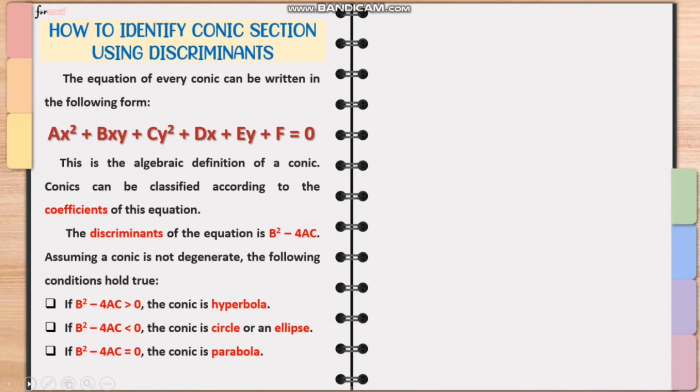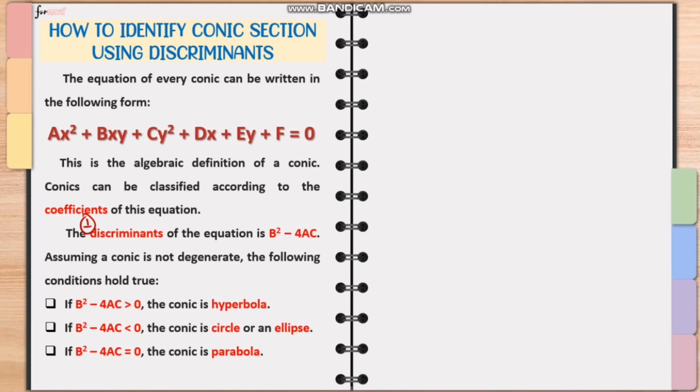squared plus dx plus ey plus f equals to 0. Wherein A, B, C, D, and E are the numerical coefficients and F is the constant natin. Okay, so para malaman natin kung anong type of conic section ng isang equation, pwede nating magamit yung discriminants natin.